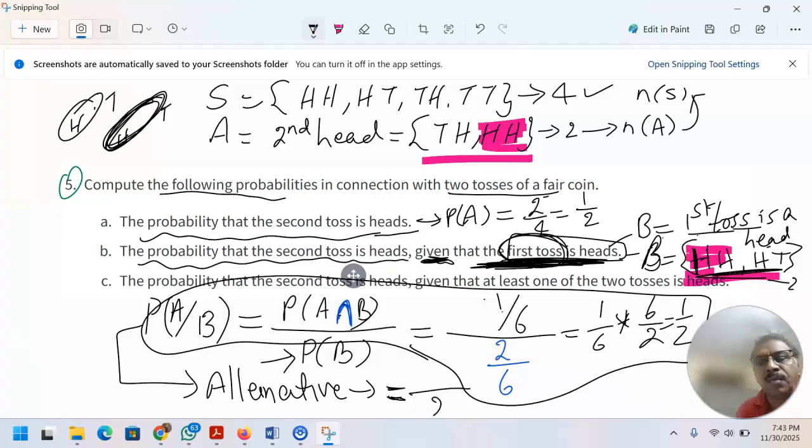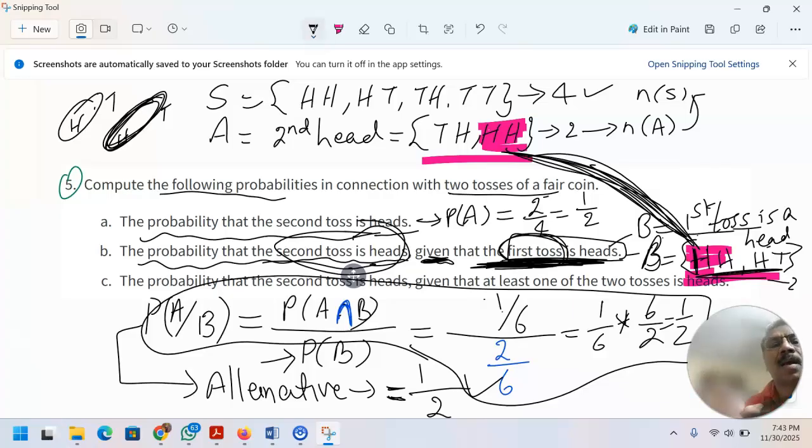Of these, the one where the second toss is also head is only one, head-head. So that means there is only one out of 2, and you're done.